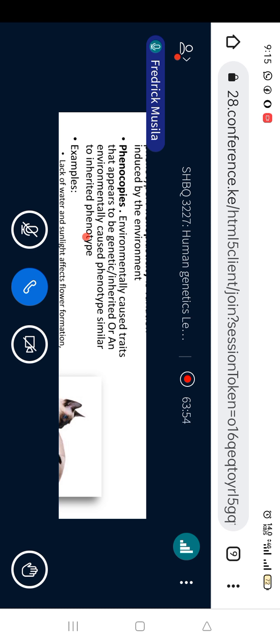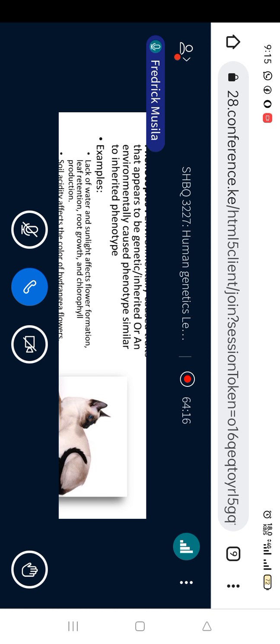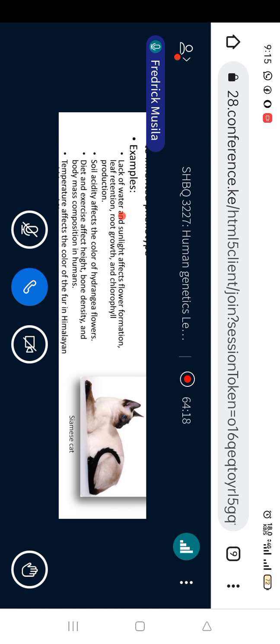But when you compare it with the one growing in the desert, it's actually different. Genetically, the two organisms are identical, so we normally call them phenocopies. They are genetically identical, but morphologically different, because the environment has acted upon them. So these are some of the examples.